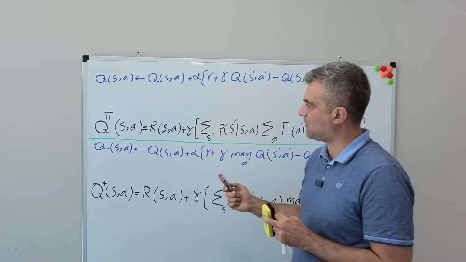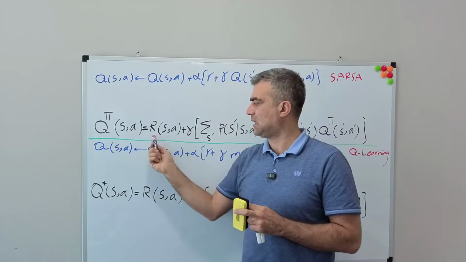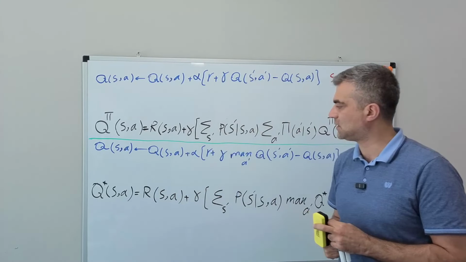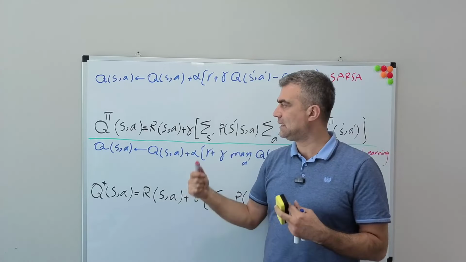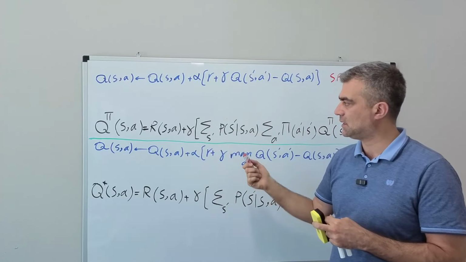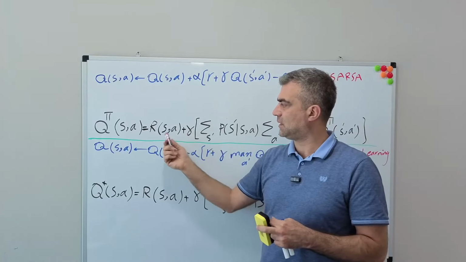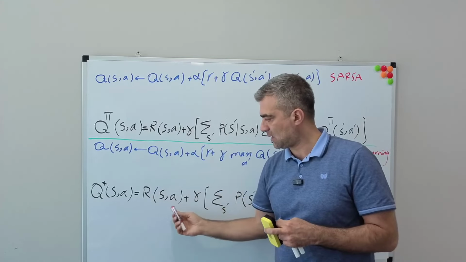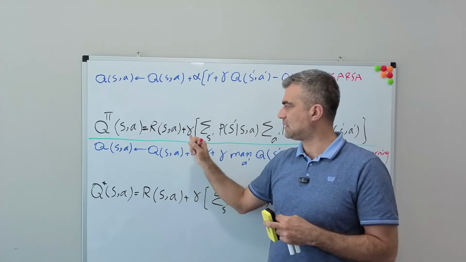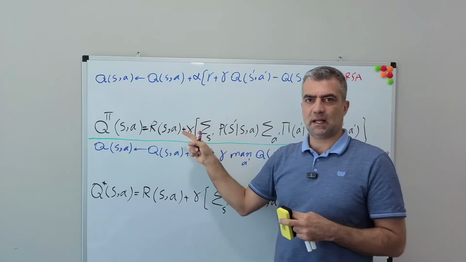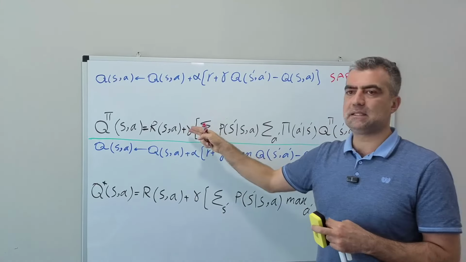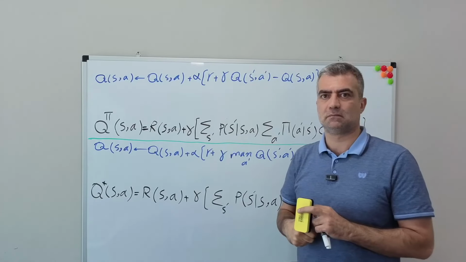In both of them we have the immediate reward. It means that the reward that we observe, we don't read from anywhere, we observe the reward of taking action A in state S, and we take that reward and directly add the discounted future reward to it.